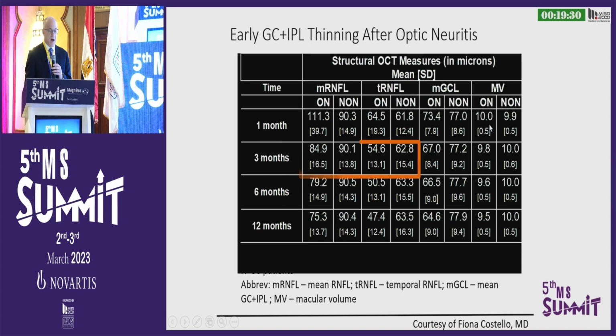You can see that about 3 months after optic neuritis, the mean retinal nerve fiber layer thickness and the temporal retinal nerve fiber layer thickness begin to show atrophy. However, for the ganglion cell layer, we can see such changes at 1 month, but that's still not when the patient is presenting to you with original symptoms.